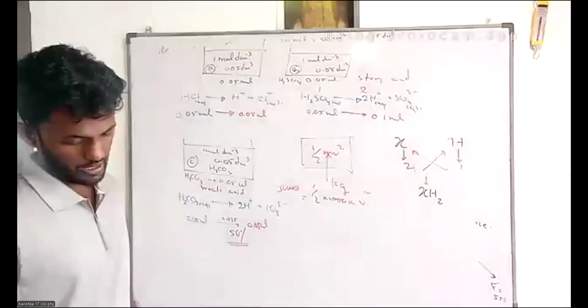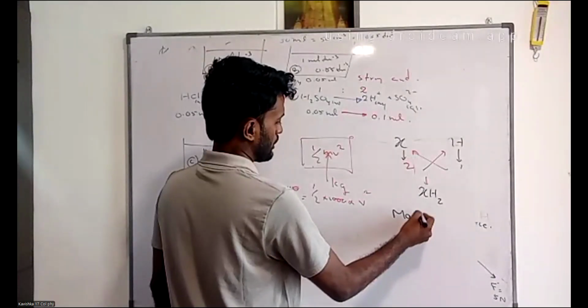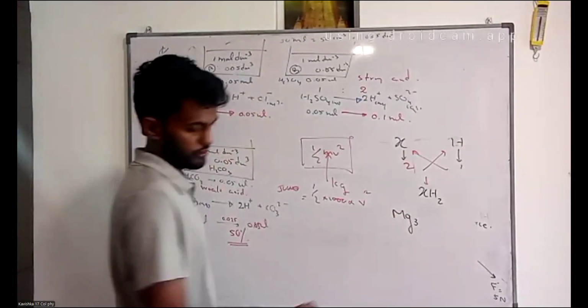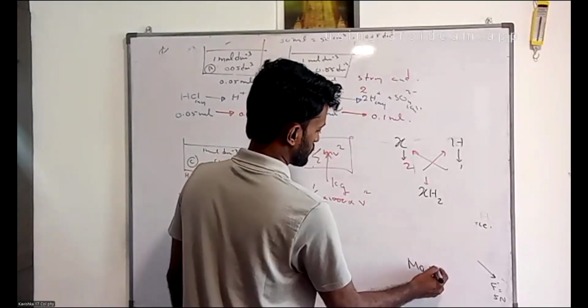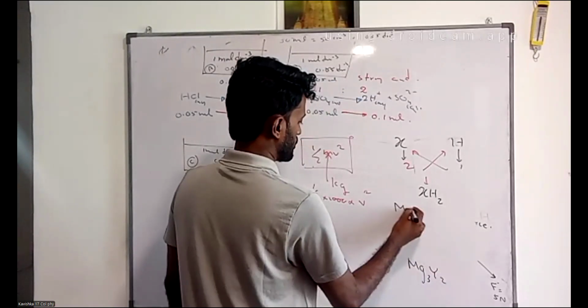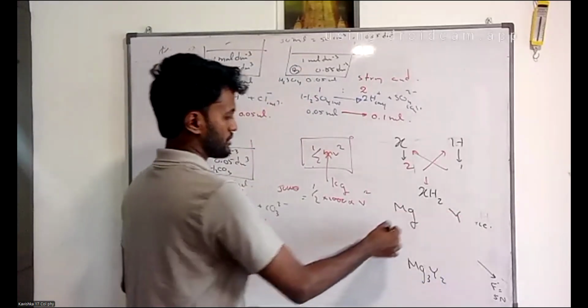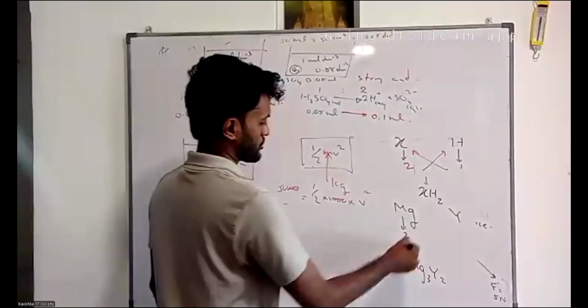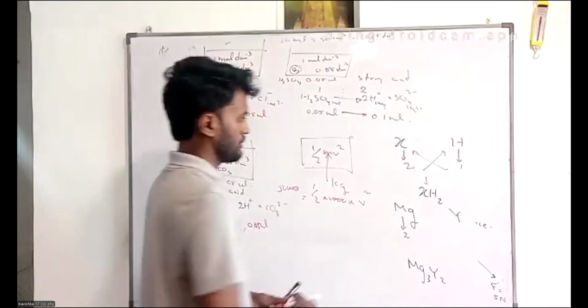Then Mg3 Y2. So Mg here, Y here. Magnesium valency, you should know that's 2. Y valency, what is the number?